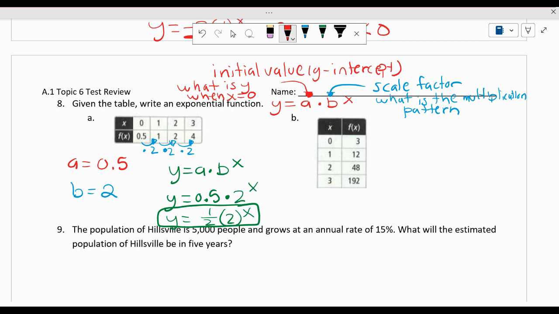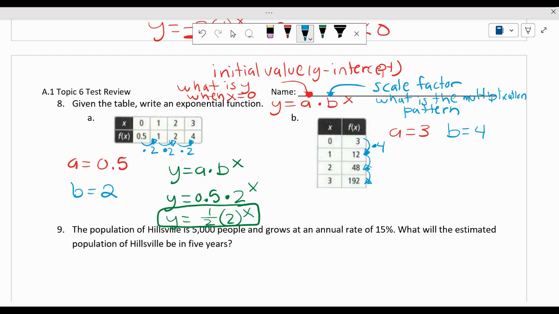Table B, what is the initial value? Again, when x is 0, what's y, or in this case f of x? So A is 3. Find B, what's happening to my table? 3 to 12, they're multiplying by 4. So B is 4.